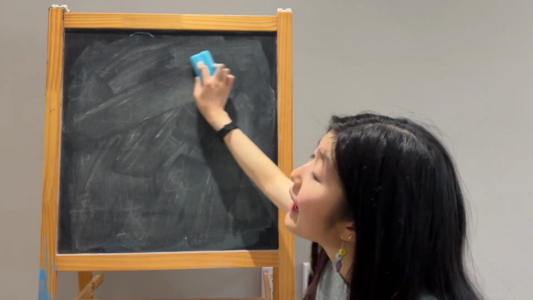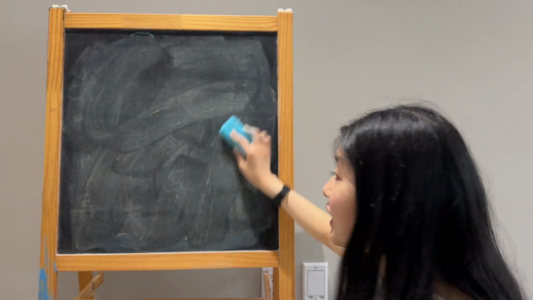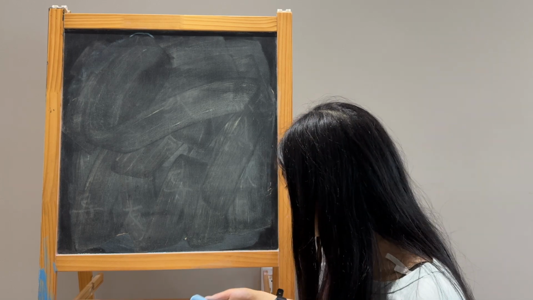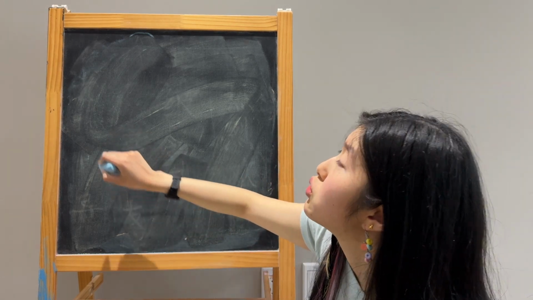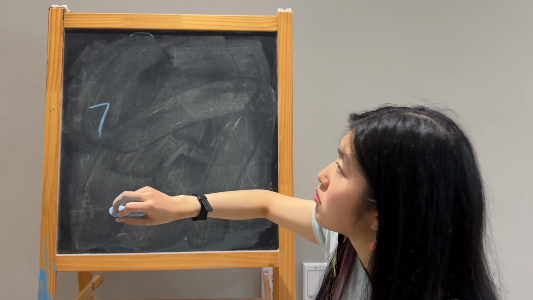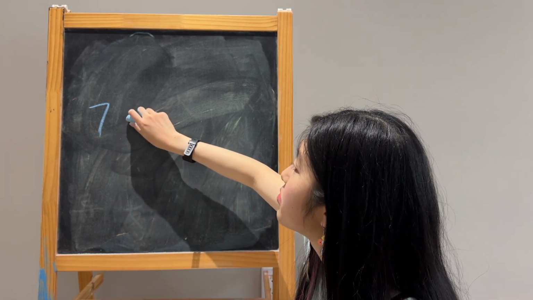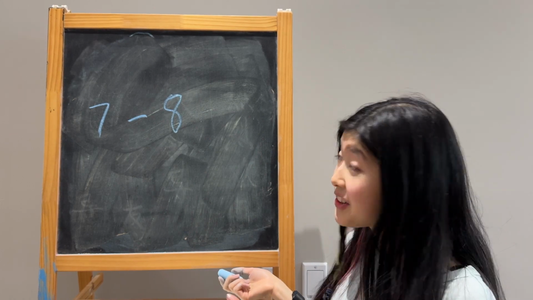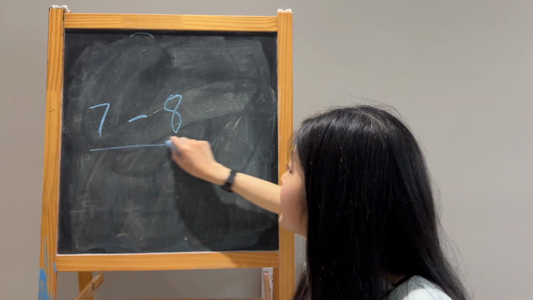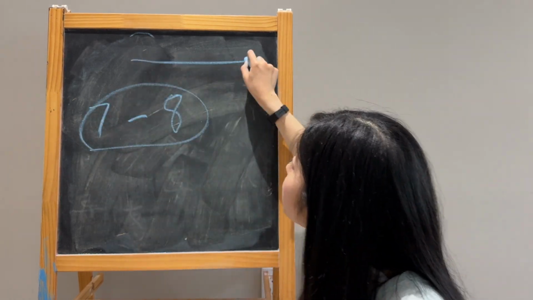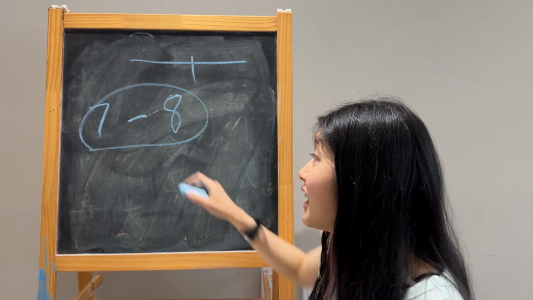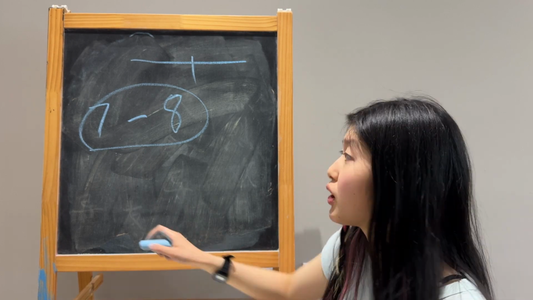So let's apply this opposite, this flipping, turning subtraction into addition. Let's try some problems. Okay, let's do 7 minus 8. We kind of did a very similar version of this. Again, we could use a number line, but let's try a different method. Let's turn this into an addition problem.